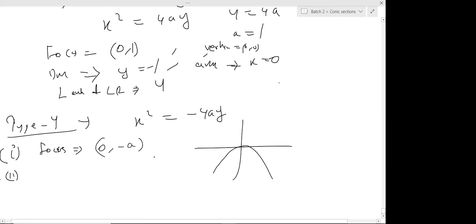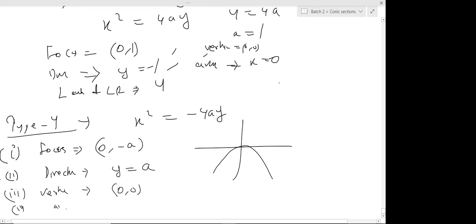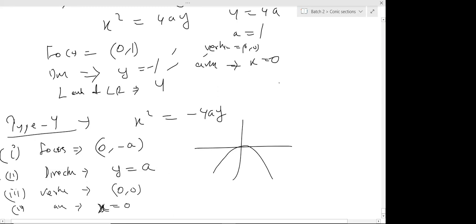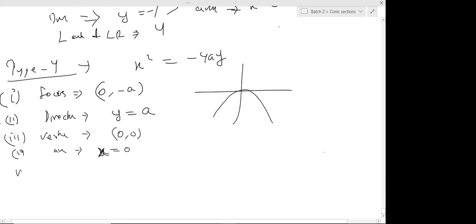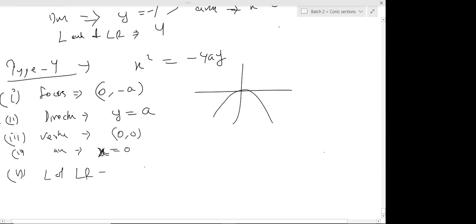Directrix is y equals to a. Vertex is 0 comma 0. Axis is x equals to 0, right? Yes, sir. And length of latus rectum is 4a. Write it down, everyone.